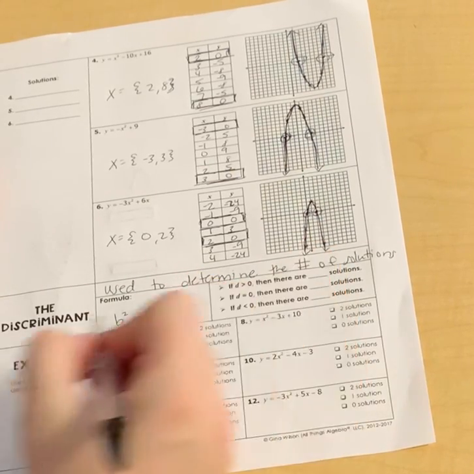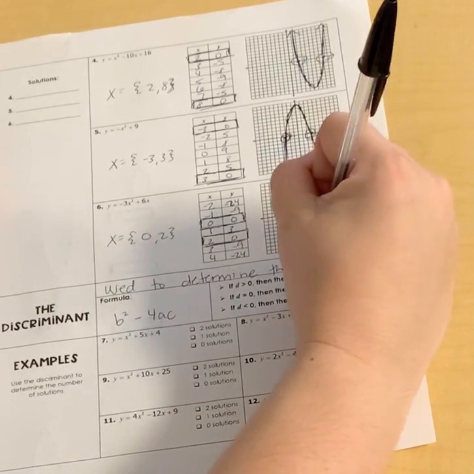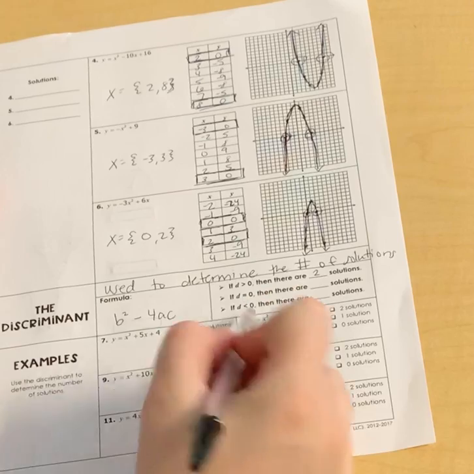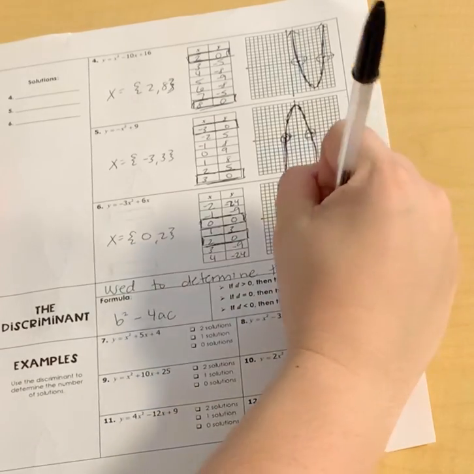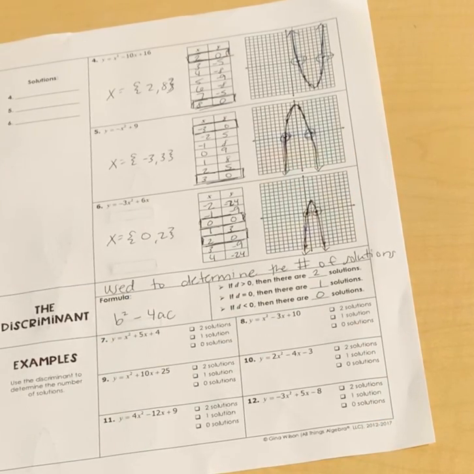If your d, which is the discriminant, is greater than 0, then that means that there's going to be 2 solutions. If your d is equal to 0, then there's going to be 1 solution. And if your d is less than 0, then there's going to be 0 solutions.